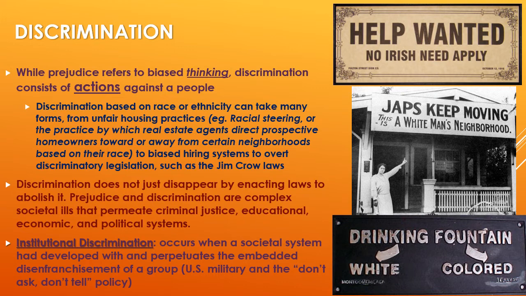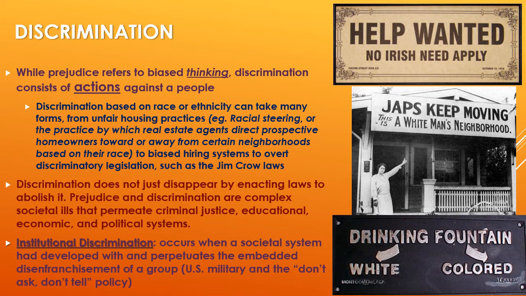And they went to the same real estate agency, and it turned out the agency was showing these 2 families very different houses in different neighborhoods. And when the African American family inquired about a house that the white family was shown, the real estate agent told them that the house was no longer on the market when in fact it was.